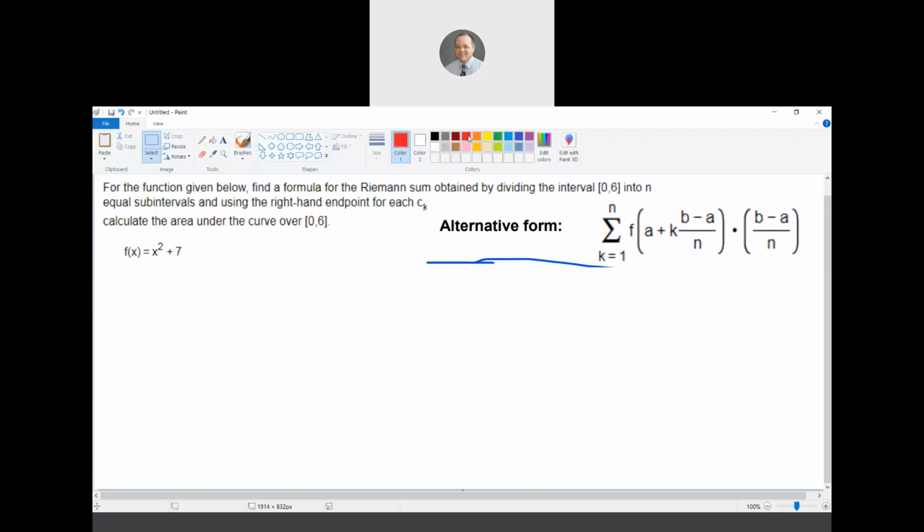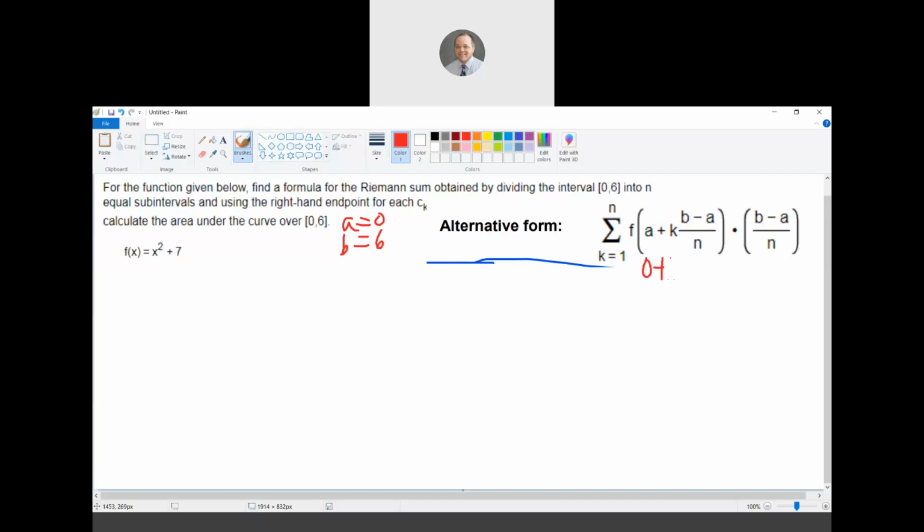Now, per our example, a is 0, the left endpoint, and b is 6, the right endpoint. I'm going to plug these into our alternate form over here.